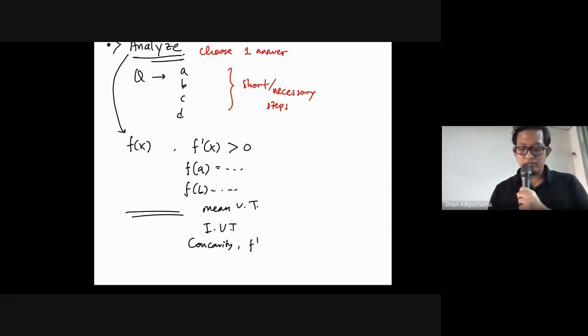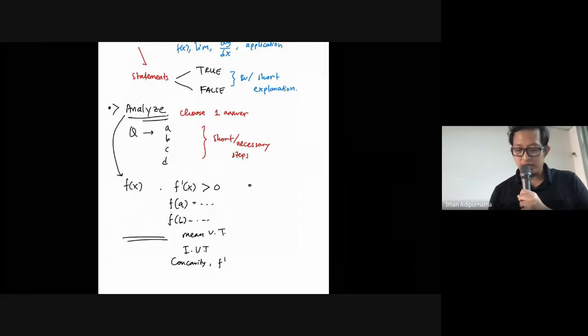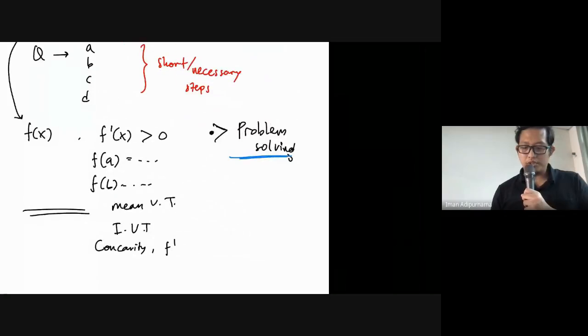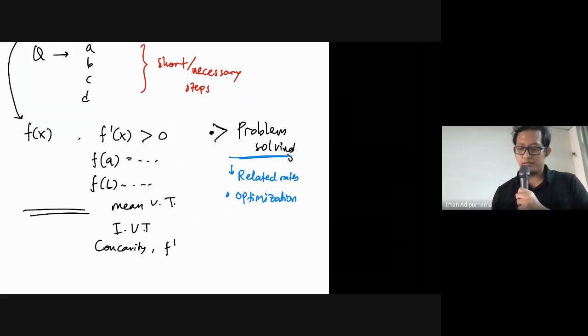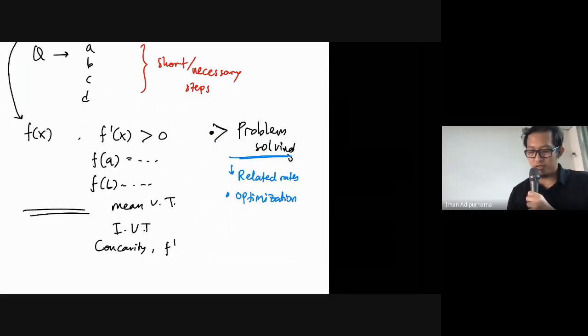Okay, so this will be the second type of the quiz question, and the third type will be mostly problem solving. The problem solving will be about related rates and optimization. Roughly, the total midterm will be around 16 to 18 questions.